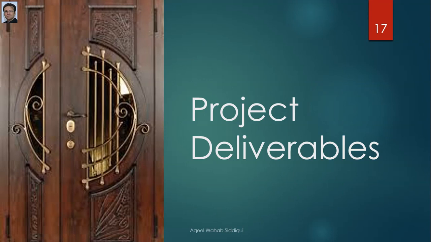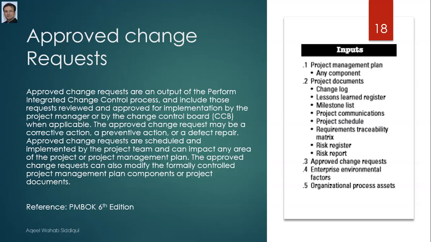You start your work to produce deliverables and you find a mistake in planning, so you generate a change request. Approved change requests are an output of the perform integrated change control process and include those requests reviewed and approved for implementation by the project manager or by the change control board when applicable.